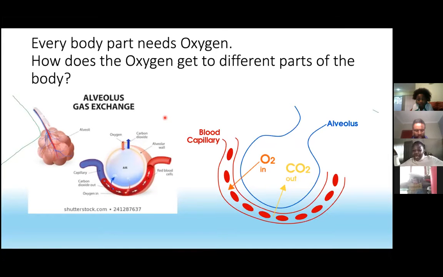Then the blood picks up the carbon dioxide in our bodies and takes it to the alveoli, and then we breathe out carbon dioxide. So that's how we get oxygen to our whole body, and take carbon dioxide from our whole body to the outside.